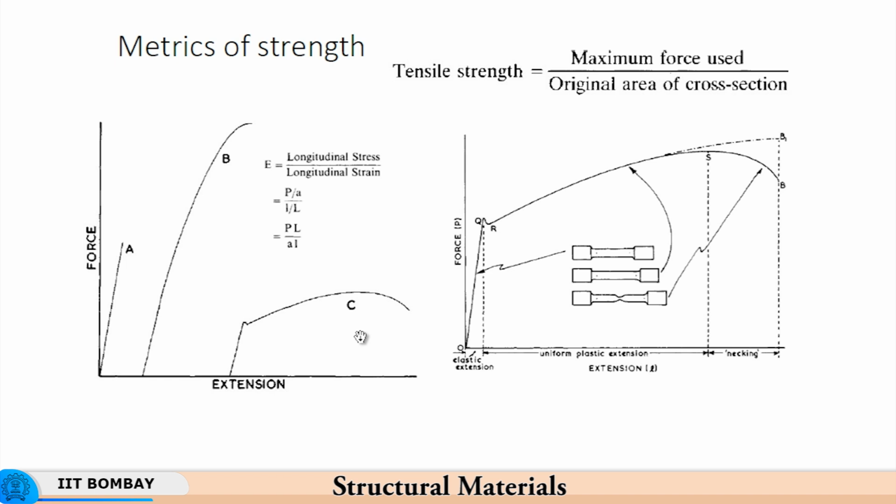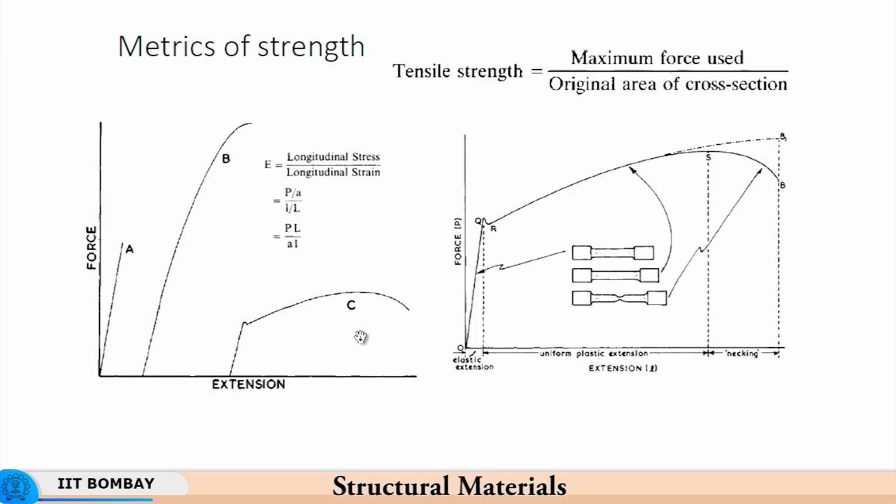So, at A it is relatively weak and it is brittle as well. In B it is stronger and it has a slight amount of toughness, whereas in C the material is ductile and therefore it has lesser strength, because it undergoes plastic deformation much earlier, and the maximum strength also is much lower than what you see in case of B. So, B is the strongest, C is very ductile and very tough as well.